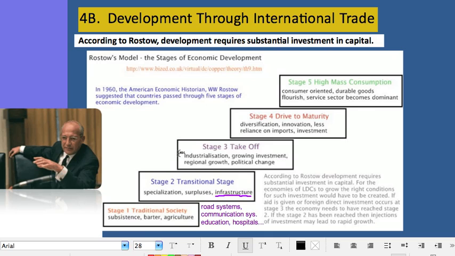So you don't want to stay here in stage 3, just in case one of the investments that you have tried to develop, maybe the world price of that product drops, or there's a natural disaster like in Costa Rica, and it destroys their environment, and they're not able to bring tourism or tourists, so they lose a lot of money. So when you just focus on 1 or 2 things to develop, you're taking a risk. So in stage 4, drive to maturity, you diversify.